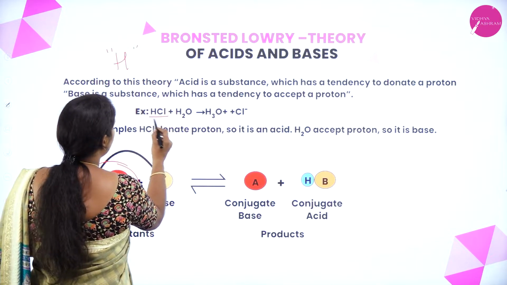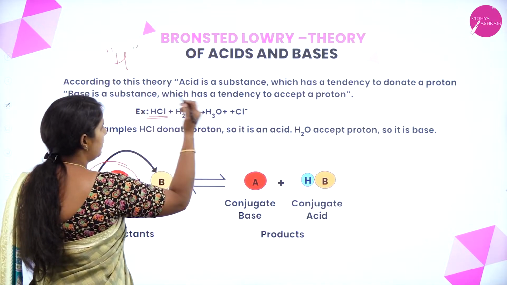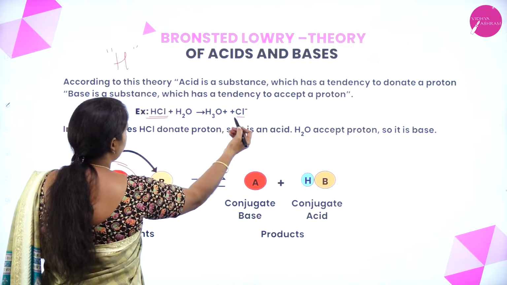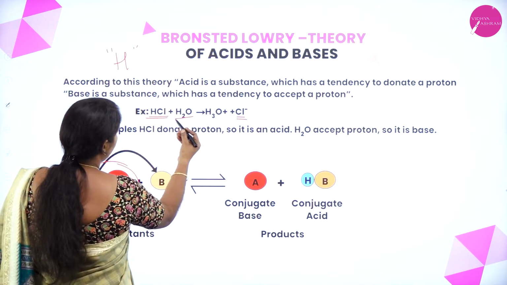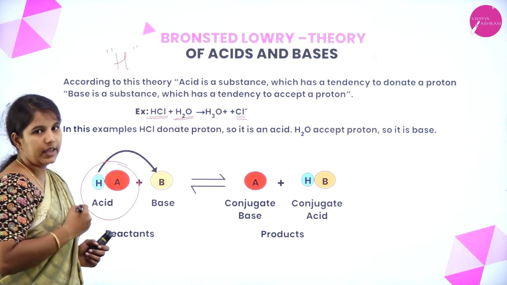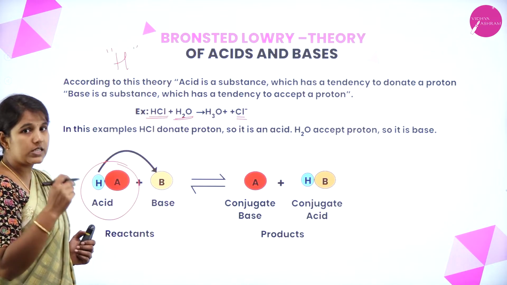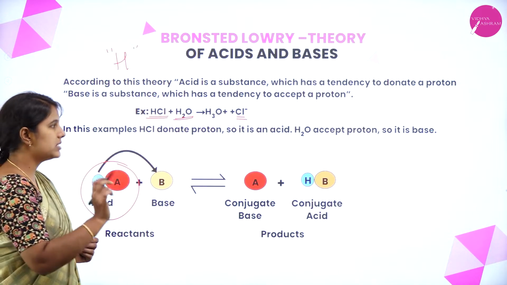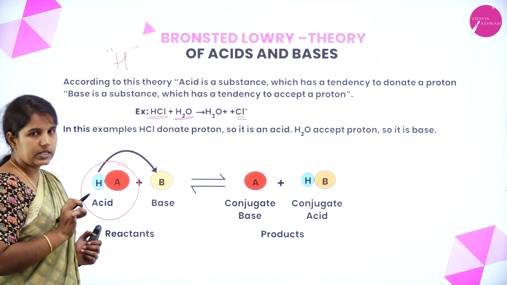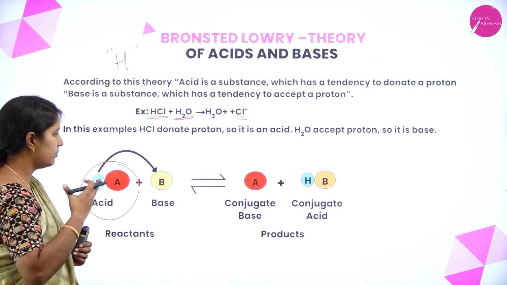In HCl, the acid is going to give a proton, so it will become Cl minus. This proton was accepted by the base and became H3O plus. So this concept talks only about the proton, where an acid donates a proton and a base accepts the proton.